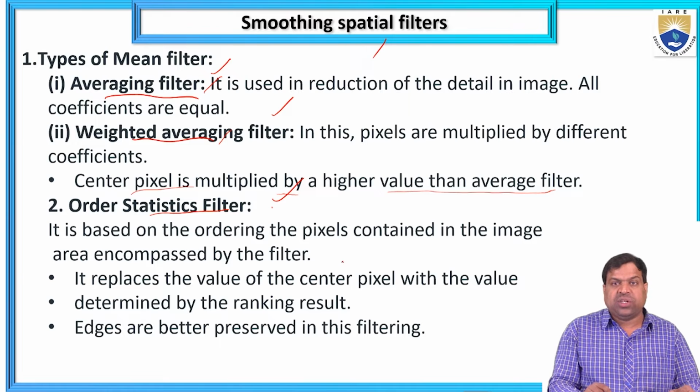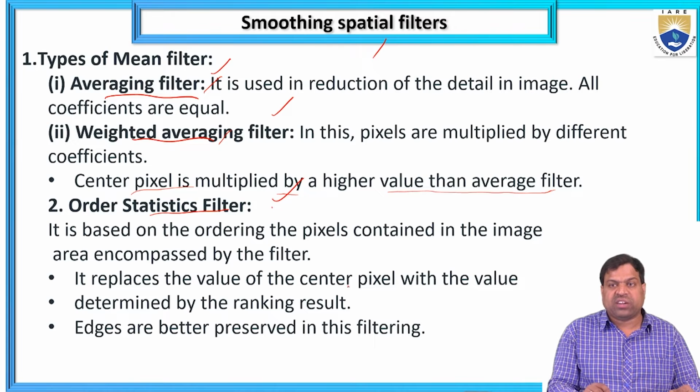It is based on ordering the pixels contained in the image area encompassed by the filter, and it replaces the value of the center pixel with the value determined by the ranking result.